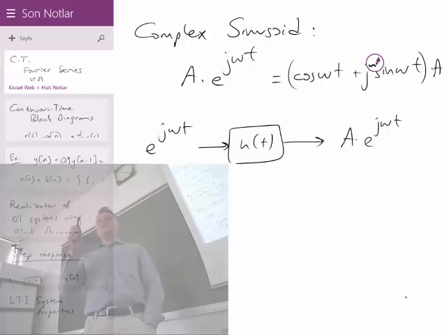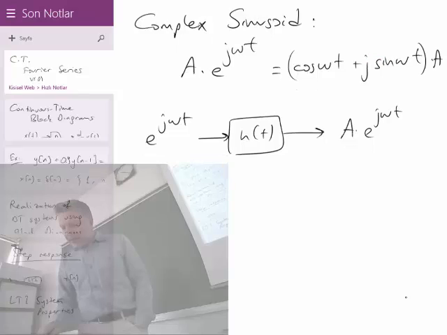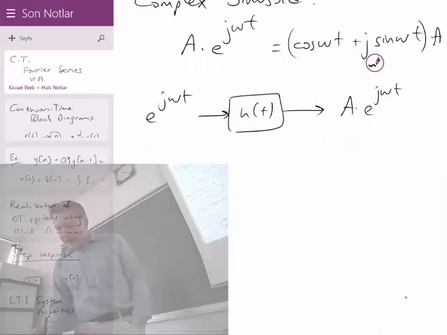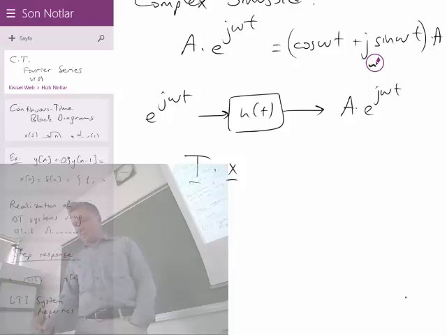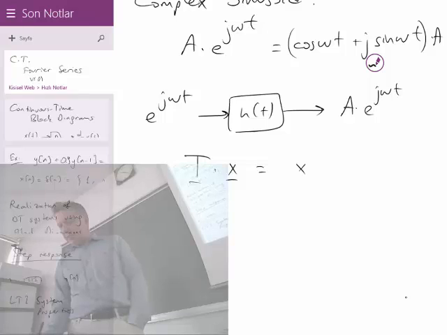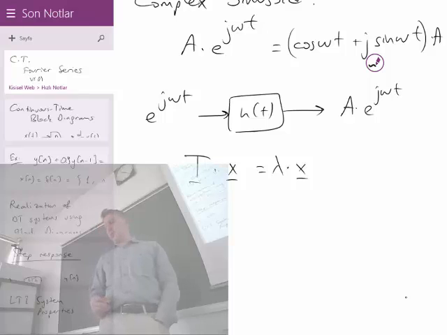If something goes in, you must have seen this in linear algebra. Do you remember anything like this? If I have a matrix, let's say T matrix, and a vector X that can be multiplied, a matrix vector multiplication, and this multiplication will give you the same X scaled by a scalar, a complex or a real scalar.